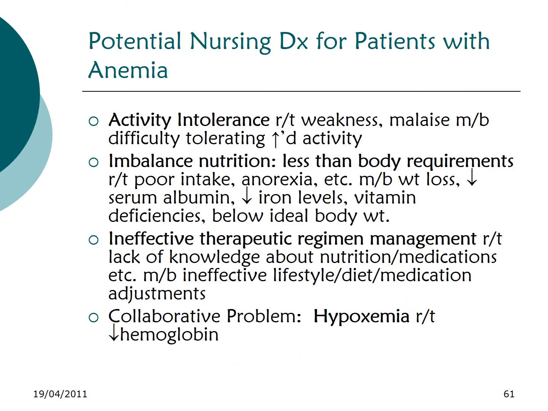Next slide. What are some of the potential nursing diagnoses for this client with anemia? Activity intolerance related to weakness and malaise. Imbalanced nutrition less than body requirement related to poor intake and anorexia, as evidenced by low albumin and low iron levels.